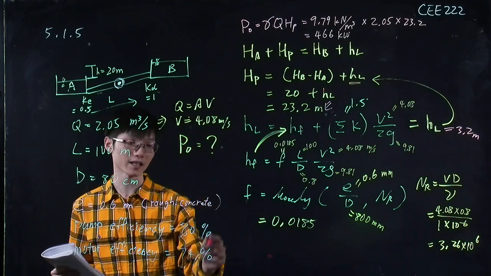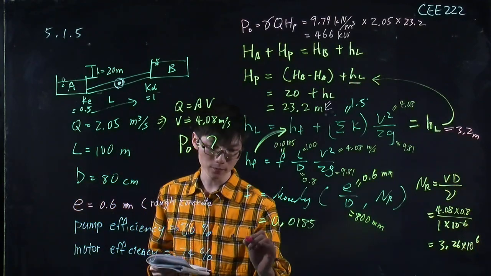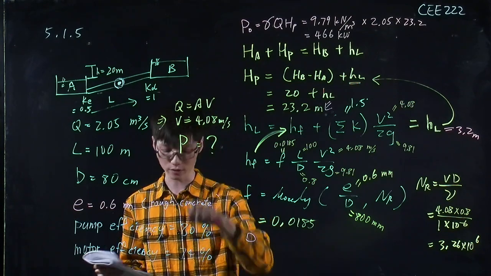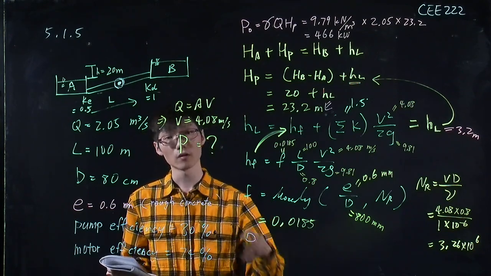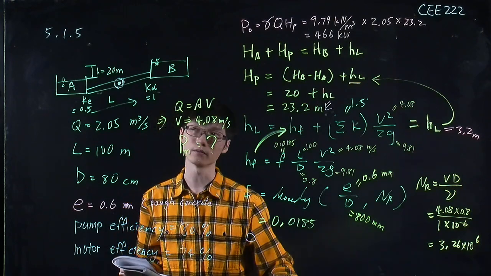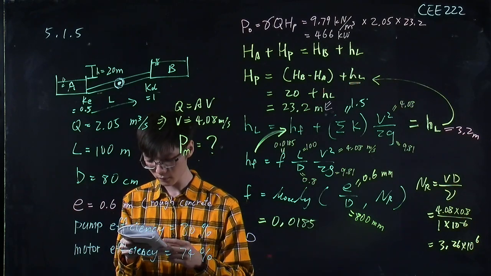So we need to take this into account. So for the final, let me change this notation. I should write PM, the power for the motor.